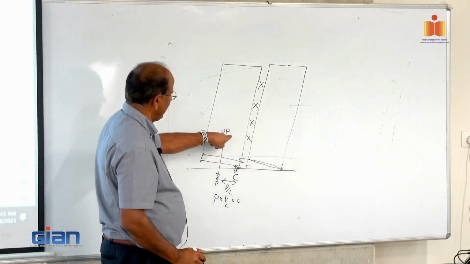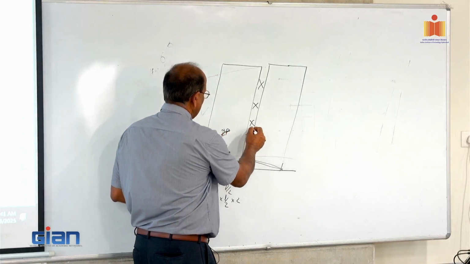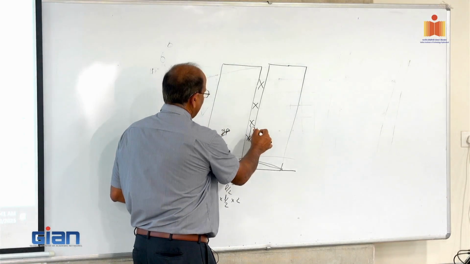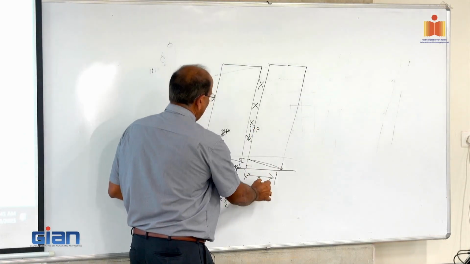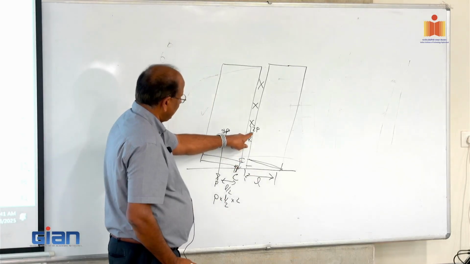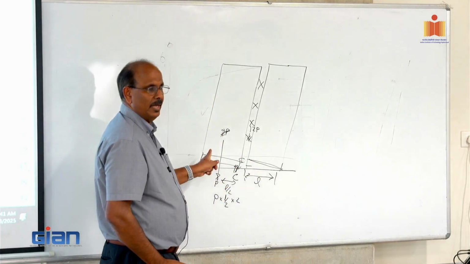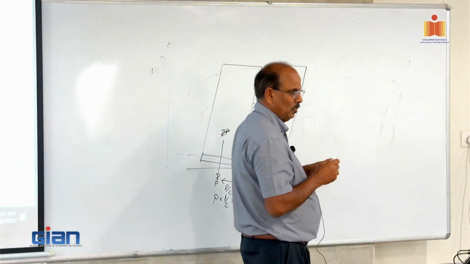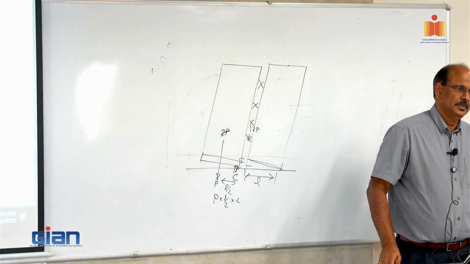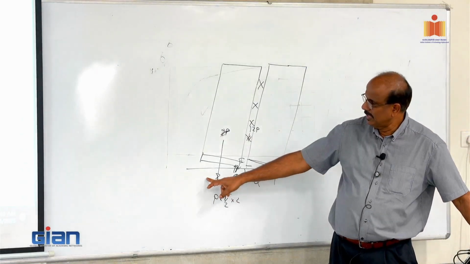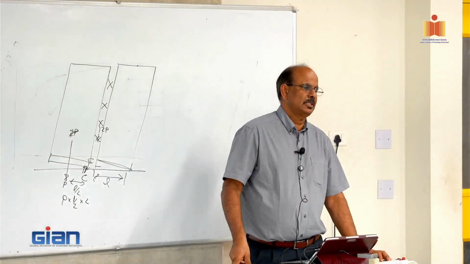Whichever way you look at it, that's your lever arm, which is L. So you have 2P times L versus P times L. So every time you cut the wall into smaller segments, your efficiency goes down. All we are doing here is changing the lever arm, and that changes the efficiency of the wall.